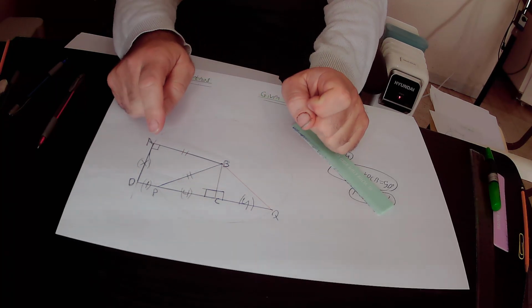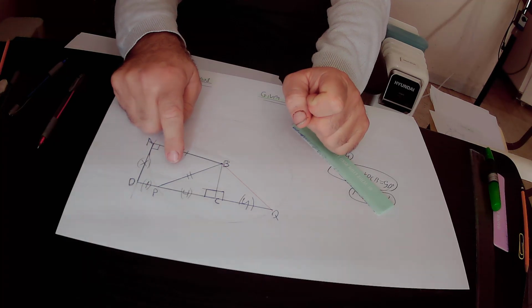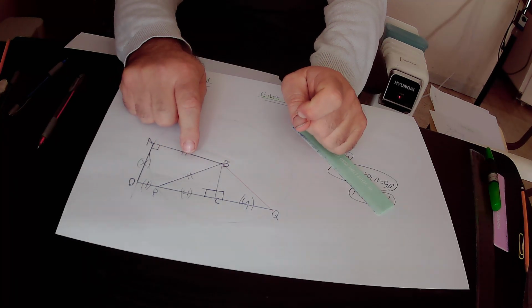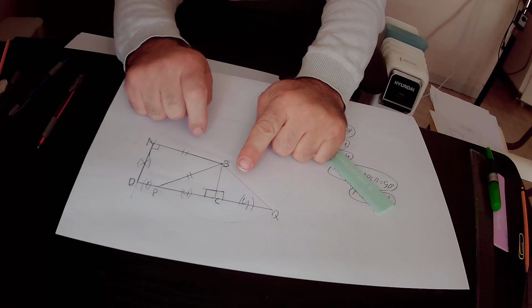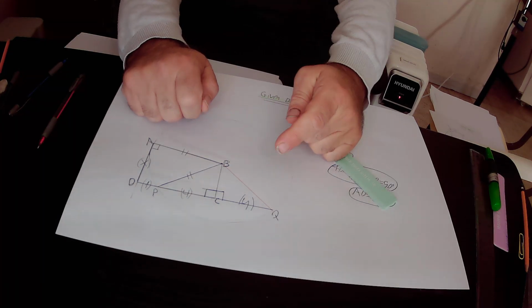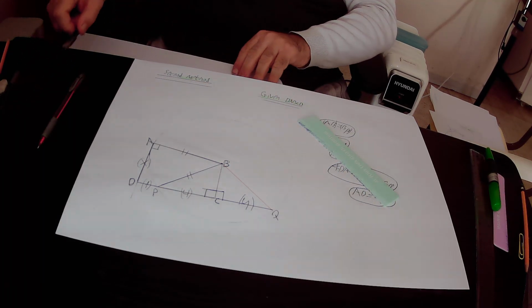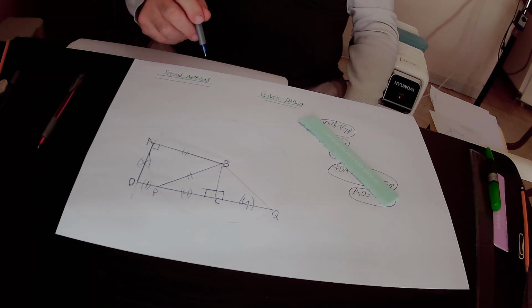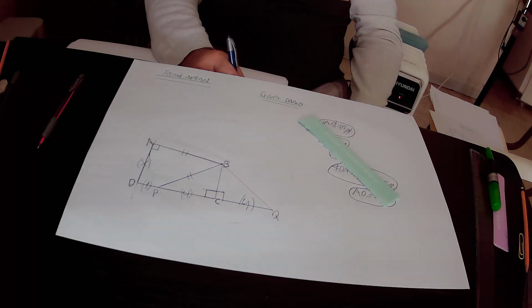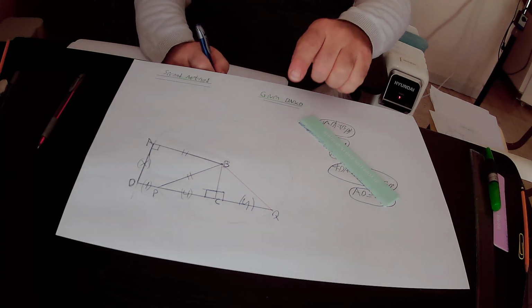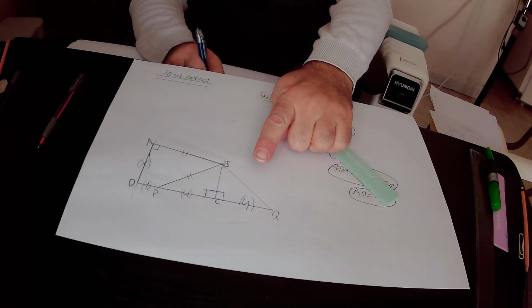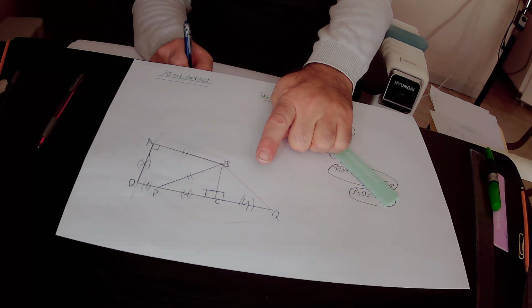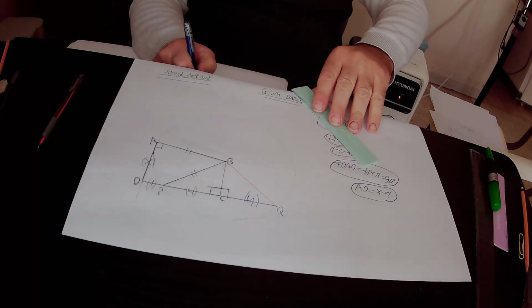That is to say, we will prove that this right triangle PBC is congruent to this right triangle BCQ according to the side angle side rule.